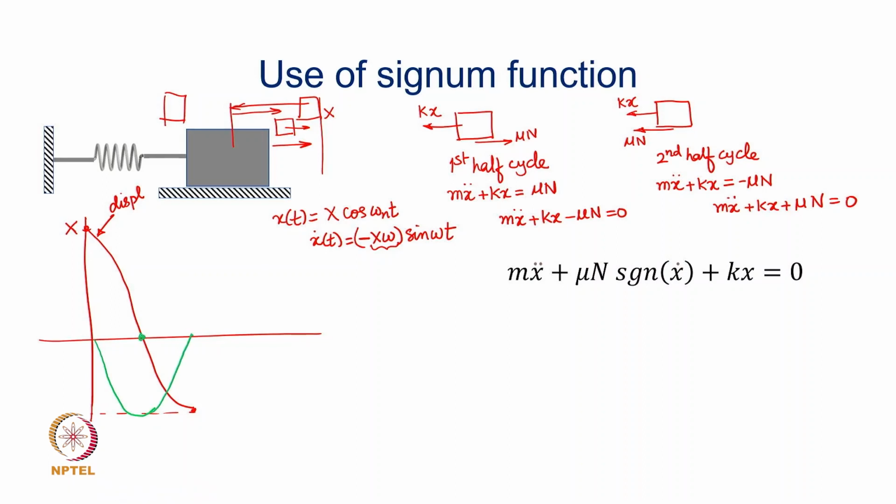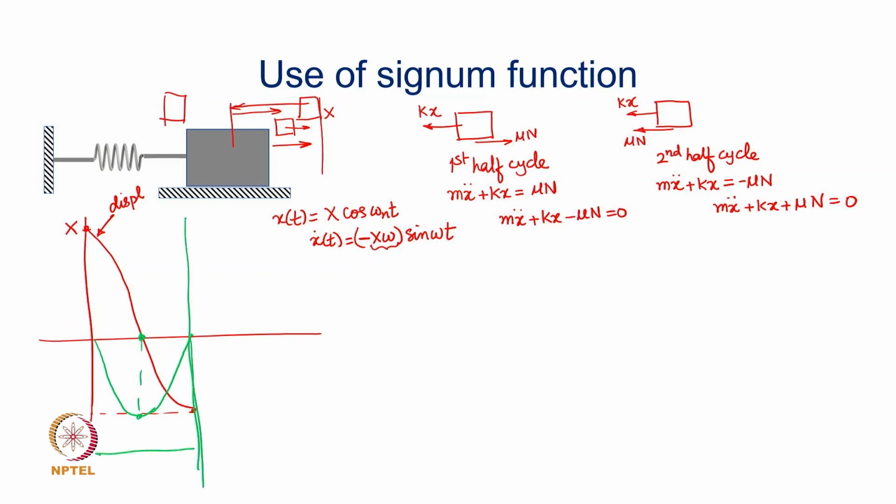Okay, when this crosses 0, your velocity value is going to be maximum, and of course the value is going to be omega times x if it is a harmonic motion. The most important aspect of this relationship between the displacement and velocity is that for the first half cycle, the sign of the velocity is negative.